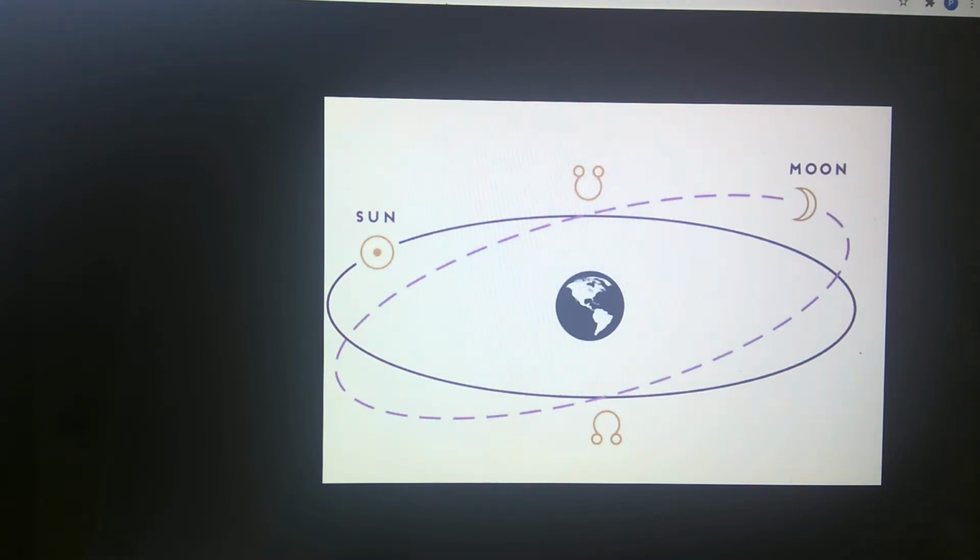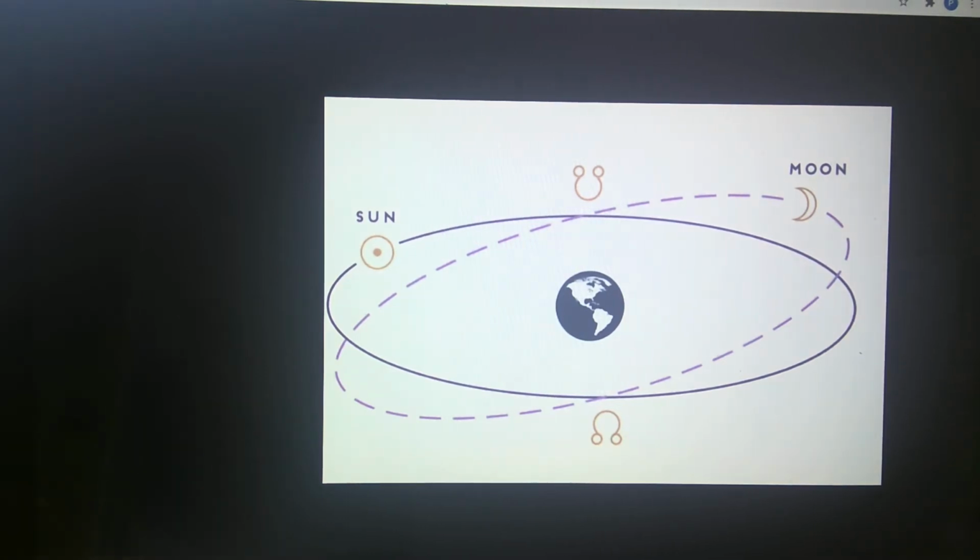which, as we discussed in earlier videos, is the great circle that the Earth moves around the sun in. But it appears, as you can see in this diagram, as if the sun is moving in a kind of surround, like an IMAX movie screen against which the constellations appear in the sky.